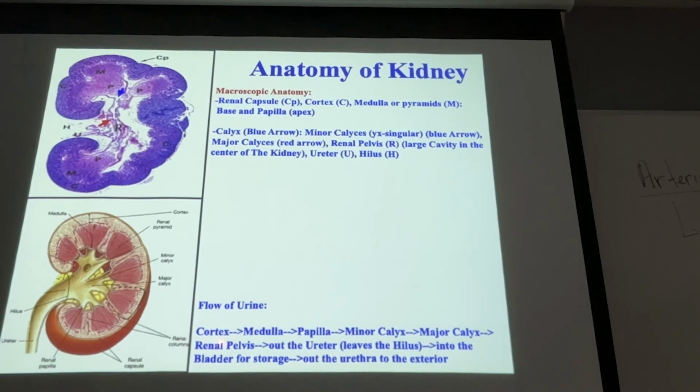Cortex to medulla, to the papilla, the little nipple-shaped structures that point into a calyx. They drain into minor calyces, which drain into major calyces, into the renal pelvis, out to the ureter. Remember, that leaves the hilus, into the bladder for storage, and then out to the exterior, eventually, as the bladder fills with urine.